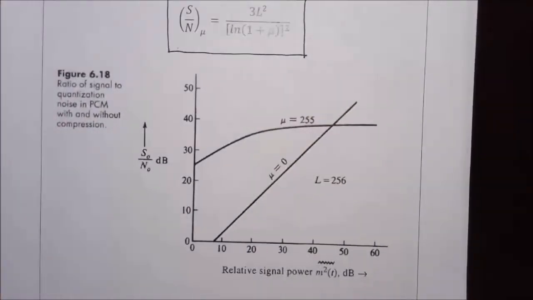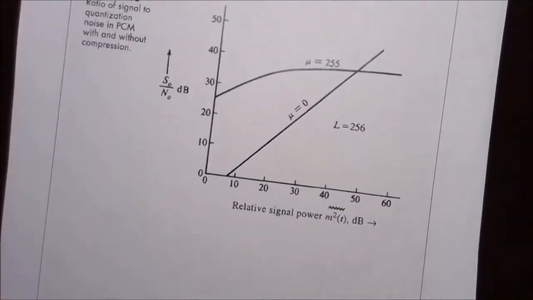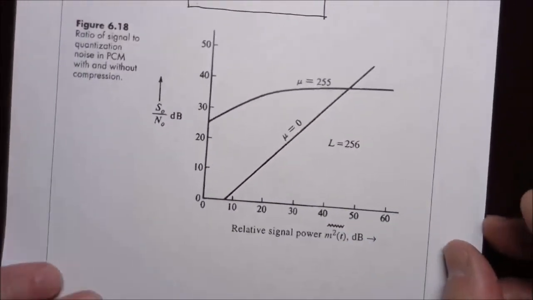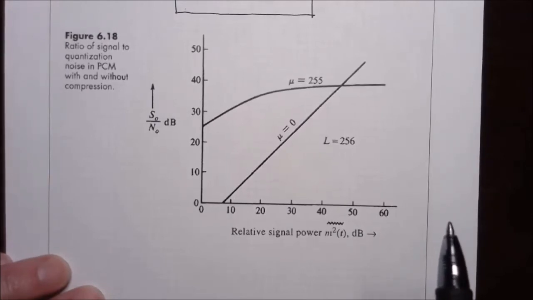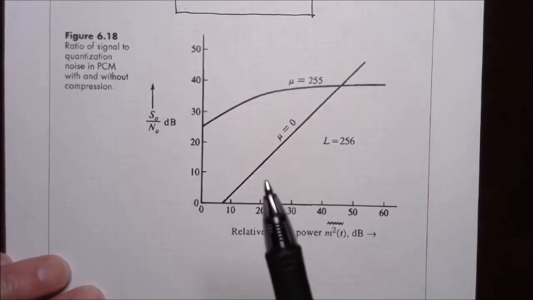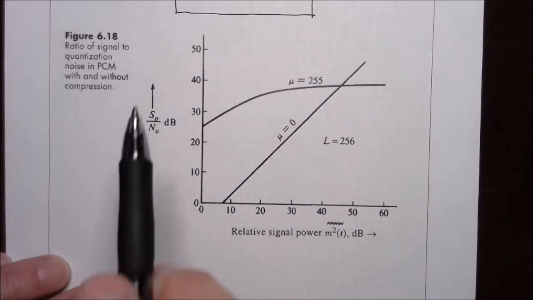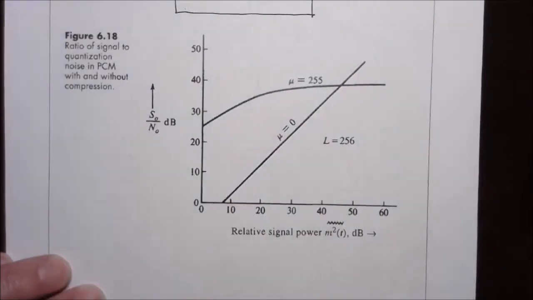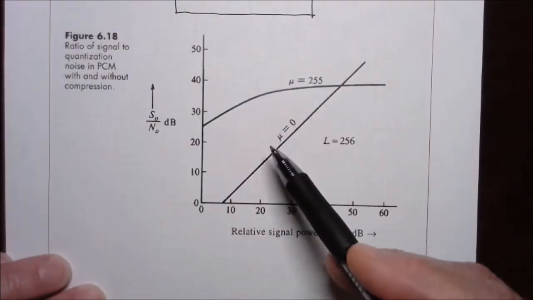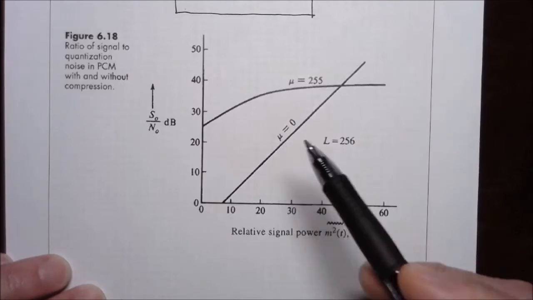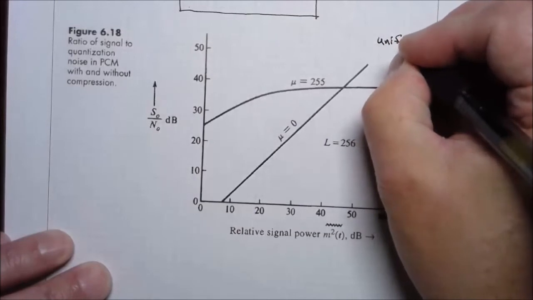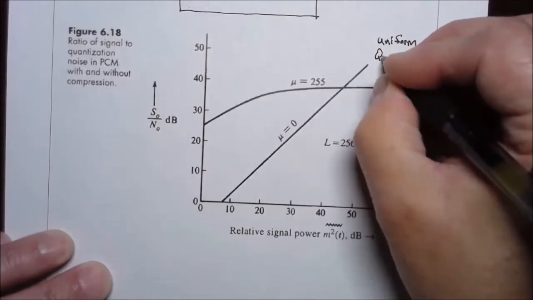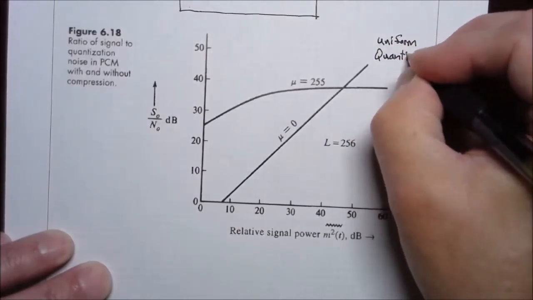Your textbook also has this chart that compares uniform quantization with mu law compression. Without compression, that would be uniform quantization. That's represented by this mu equals 0 line. So this is uniform quantization.